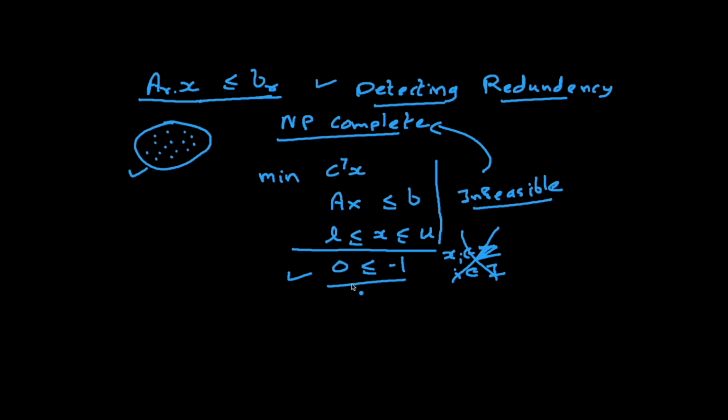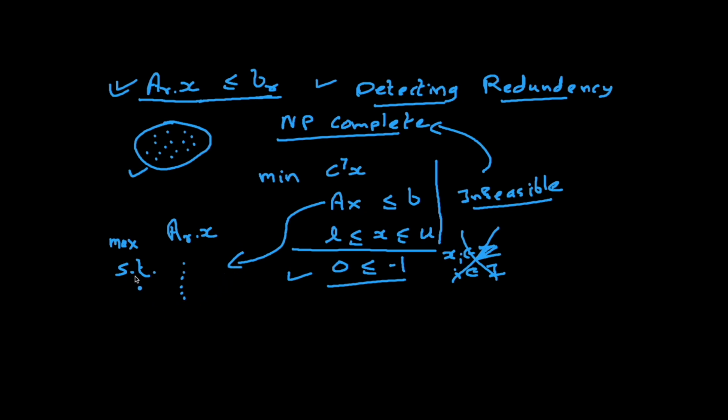But how exactly can we do that? Let's say we have this kind of a constraint, and we want to check whether it is redundant or not. What we can do is have an objective where we are maximizing a_r dot x, basically the left hand side of this constraint, subject to all the other constraints, all except for this one.